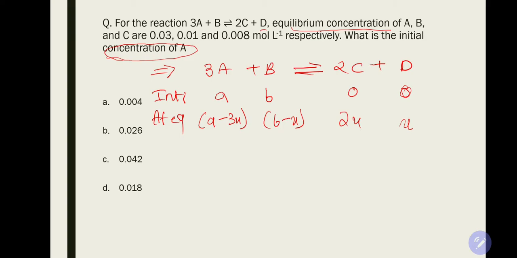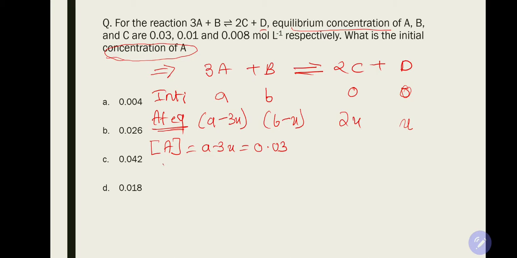Now, at equilibrium they have already given you the concentration. So can I say that the concentration of A at equilibrium, a minus 3x, is equal to 0.03?